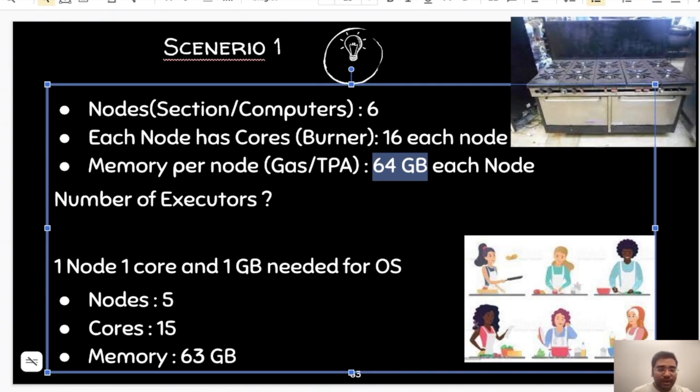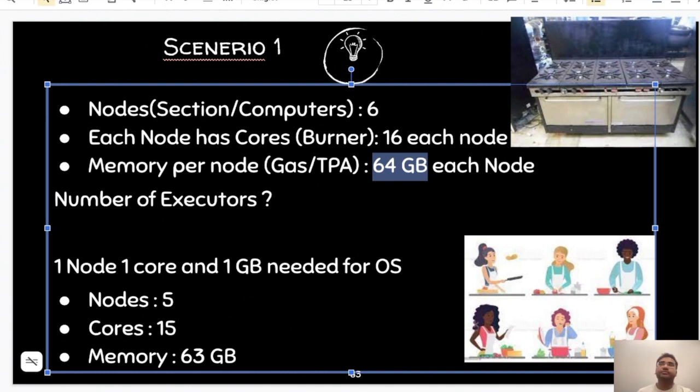Each stove has 64 GB of fuel. And in each stove you have 16 burners. Like this you have six stoves, so 6 into 16, around 90 burners overall.